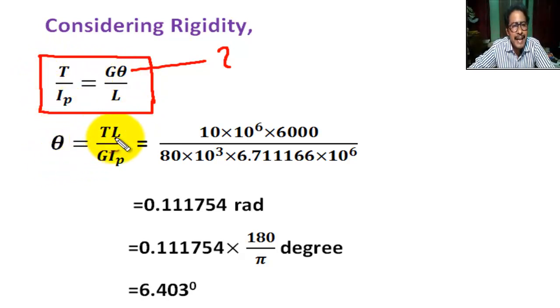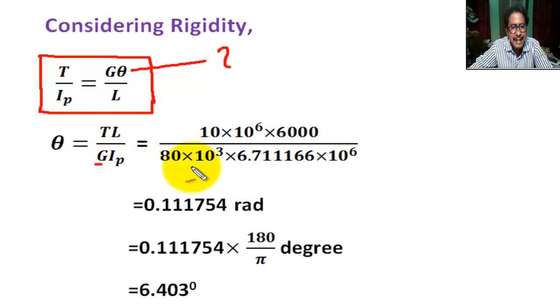From this relation, theta equal to TL by G into Ip. Value of T, 10 into 10 to the power 6 Newton millimeter. Value of L, 6000 millimeter.